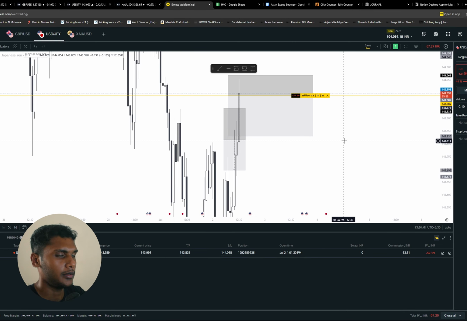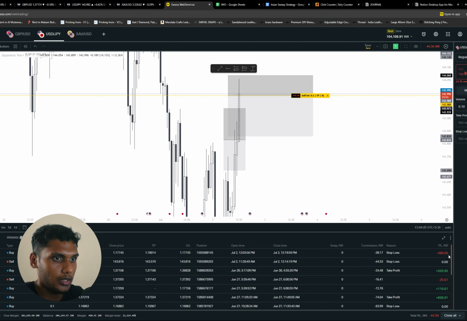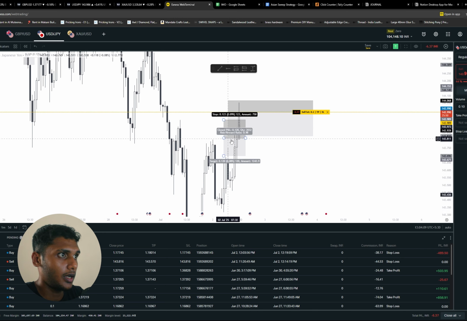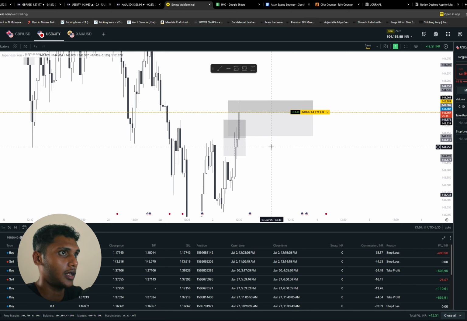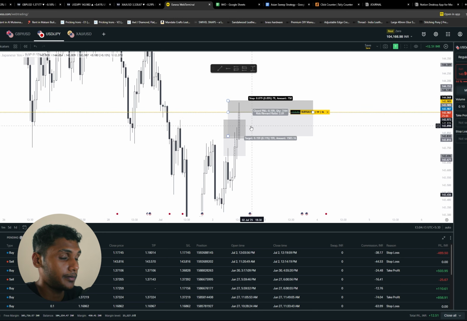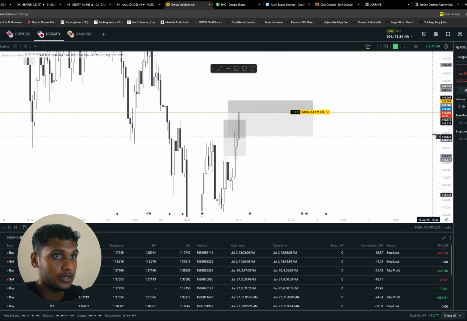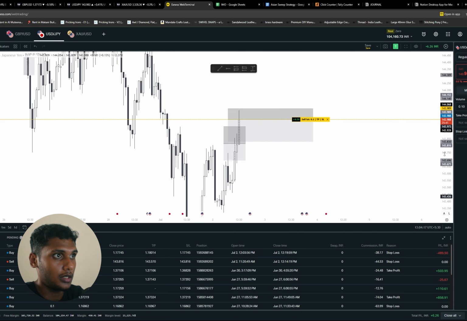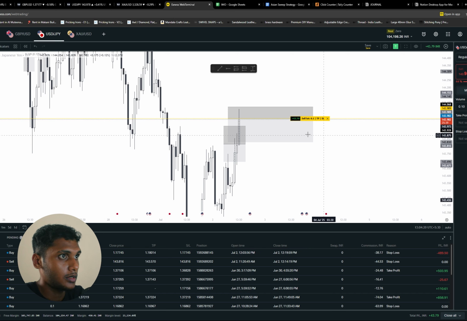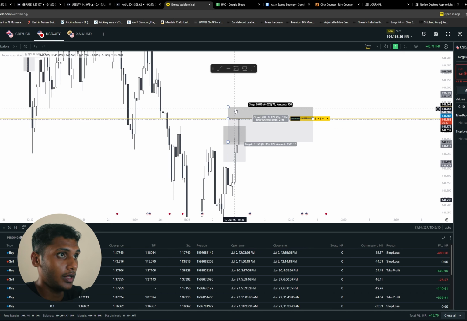Hello, we have already lost the Euro USD trade, as you can see, and then we broke even on the USD JPY trade, which is the Tokyo high. Now we are trying to capture the previous day high, and we are already in, and it has gone very deep.